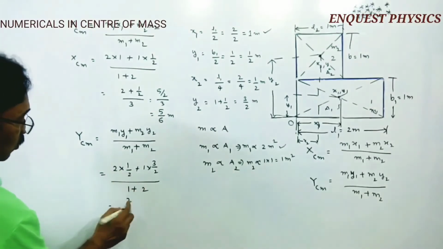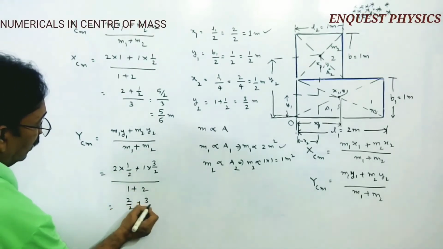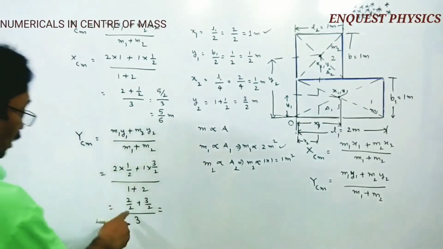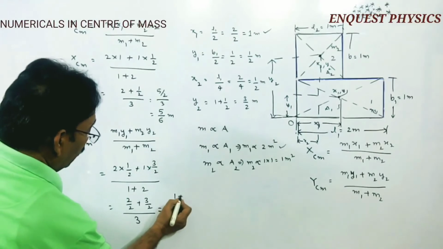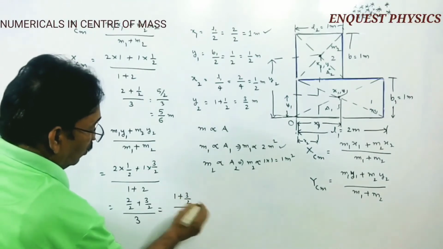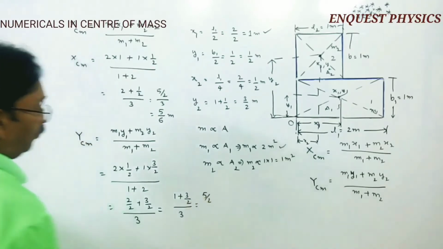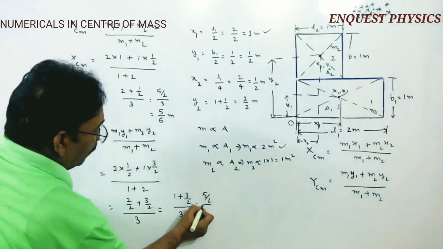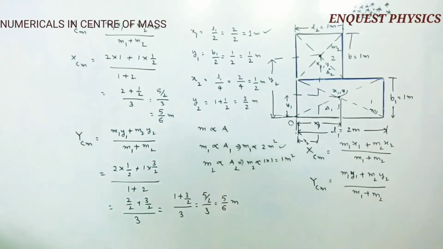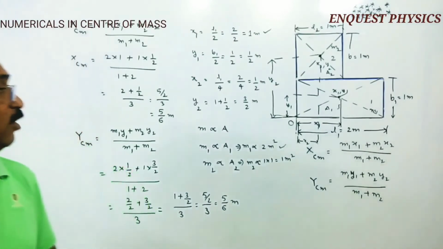It is 2 by 2 plus 3 by 2, by 3, which is 5 by 2, by 3. Okay, students, these are the coordinates of center of mass xcm as well as ycm. In this way we can solve these kinds of problems.